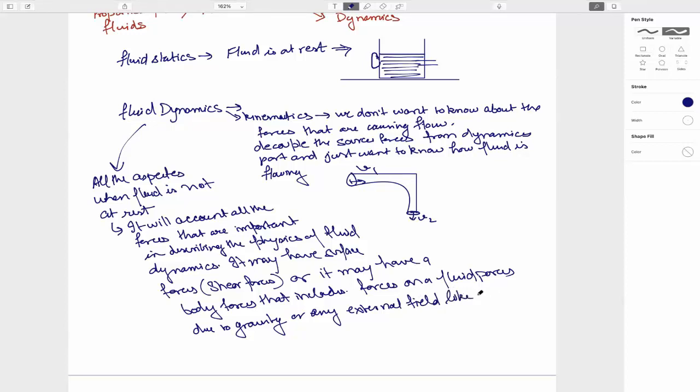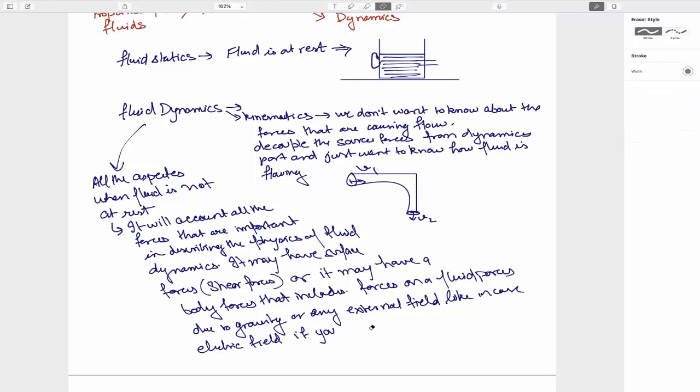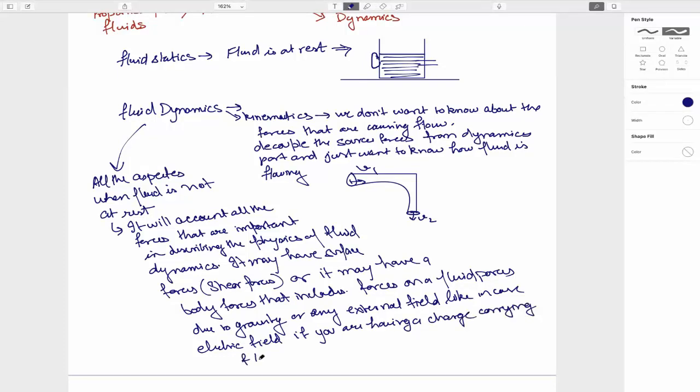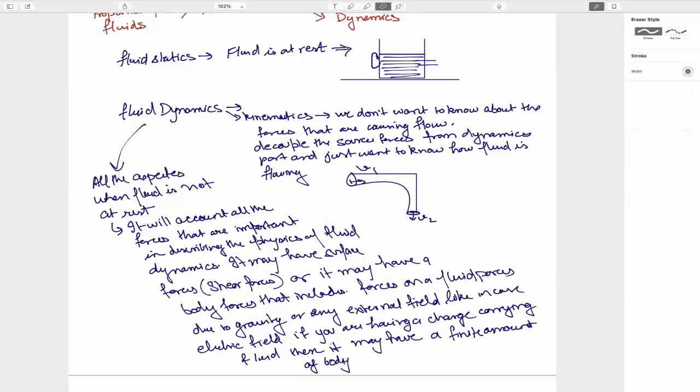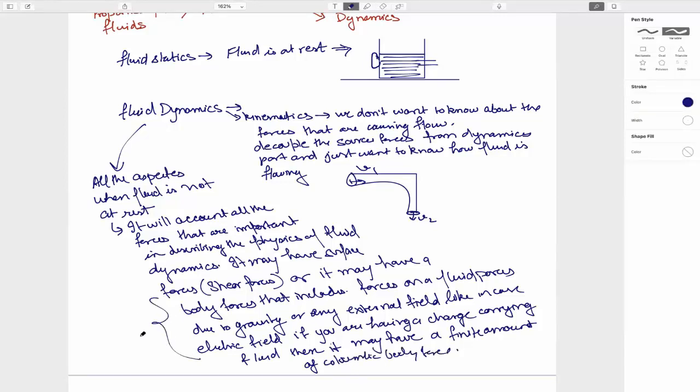For example, in the case of an electric field, if you have a charge-carrying fluid, it may have a finite amount of body force, a Coulombic body force. These are just some greater details and some examples.